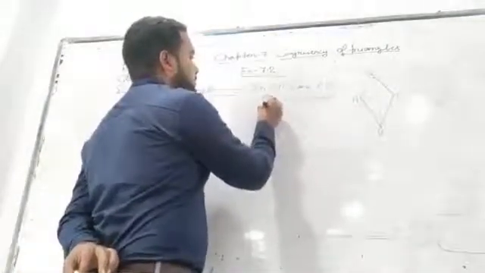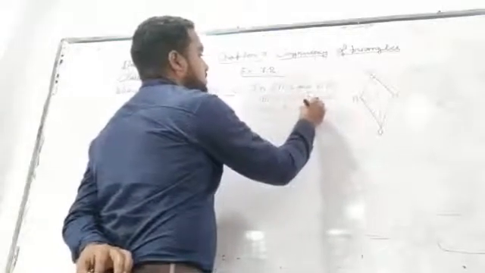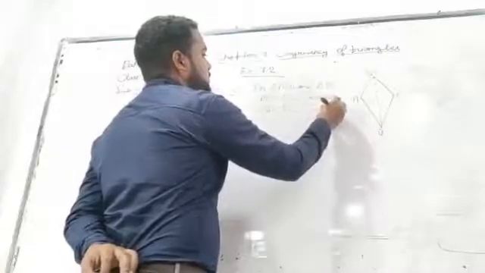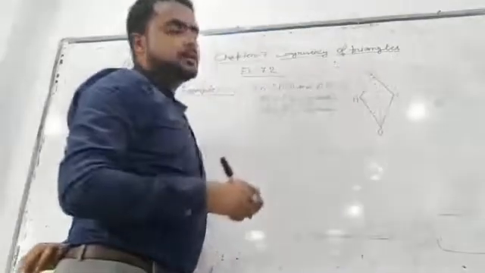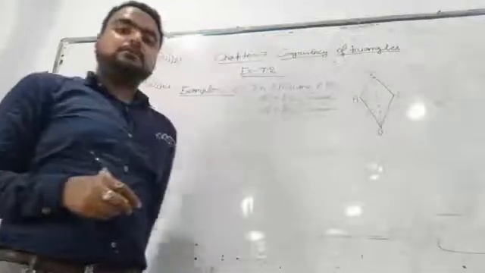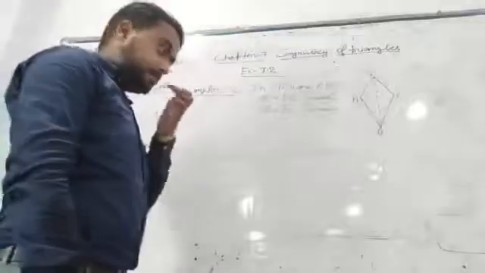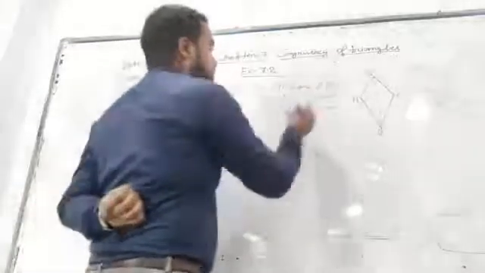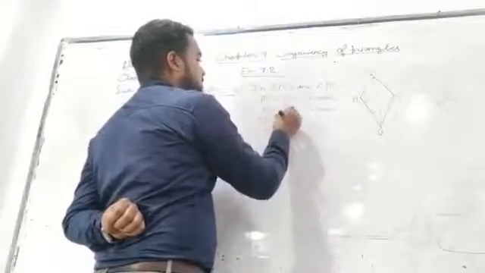AB is equal to BC. Why? It is also given in the question. Now we have to find another part, the last part, because we have to apply the SSS congruency rule. So here BD is equal to BD.